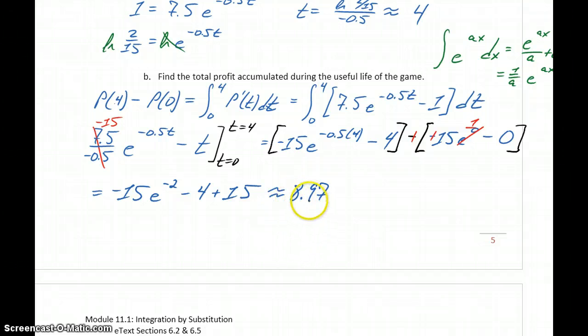So the total profit is approximately 8.97, where this value is in thousands of dollars. So our total profit is $8,970. So that's our total profit we'll earn for this machine over the 4-year useful life.